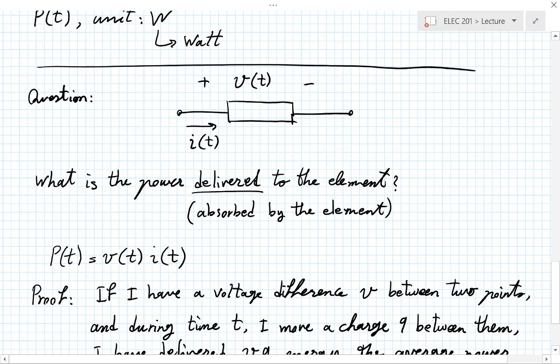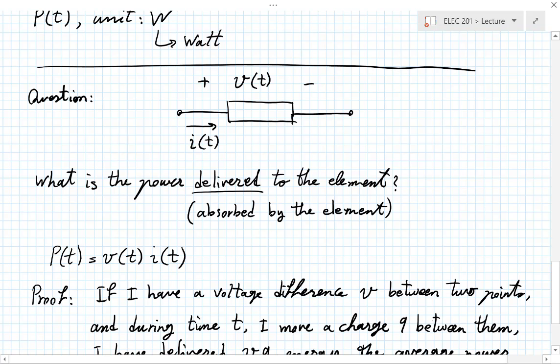Now, another question. So let's say if at some point in time, the voltage is 3.5 volts, and the current through that element is 1 amp, the power being delivered to that element at that point in time is 3.5 watts. But this can change in time.